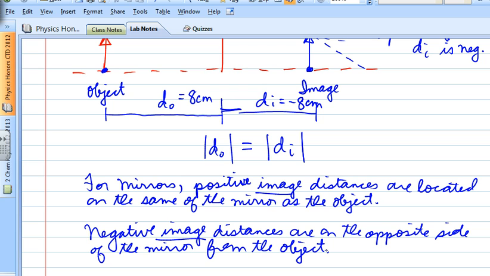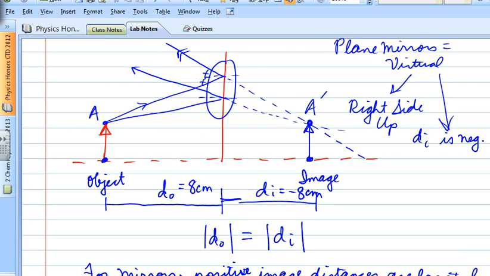Now why do we do it like this? Well, it just makes sense that real light rays bounce off of a mirror. And so, as we will see with curved mirrors coming up, if you can form a real image from real light rays that come together after they reflect, then it's going to be on the same side of a mirror.